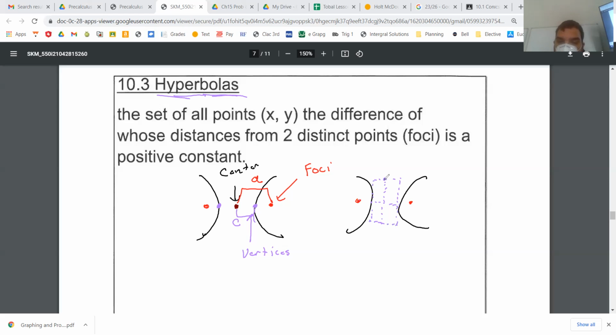The distance from here to this imaginary point has nothing to do with the graphing. All it does is make an asymptote with the little box. It should be in the corner. I should do it more like this. There you go. So this B value doesn't actually show up in the graphing of it.